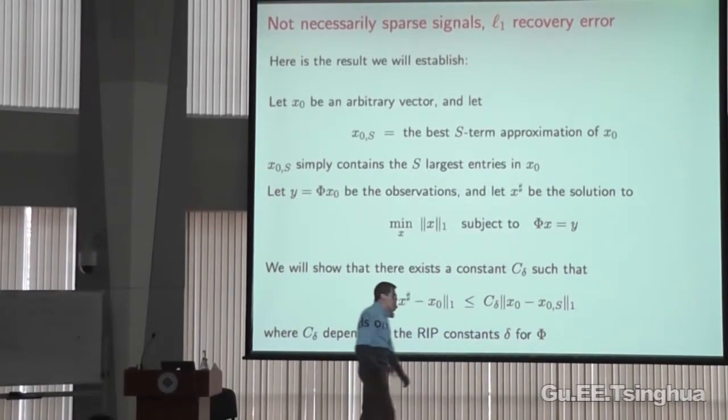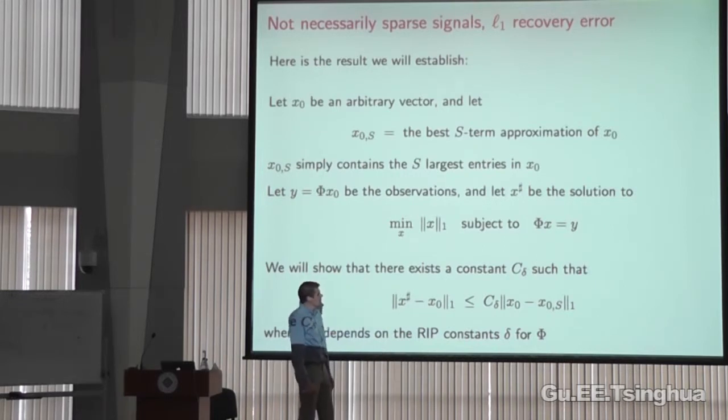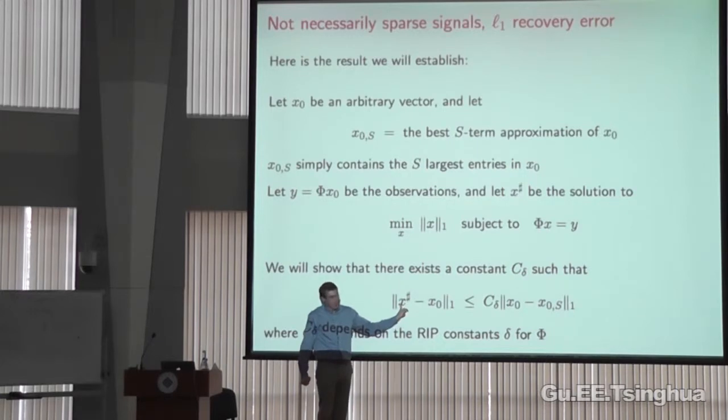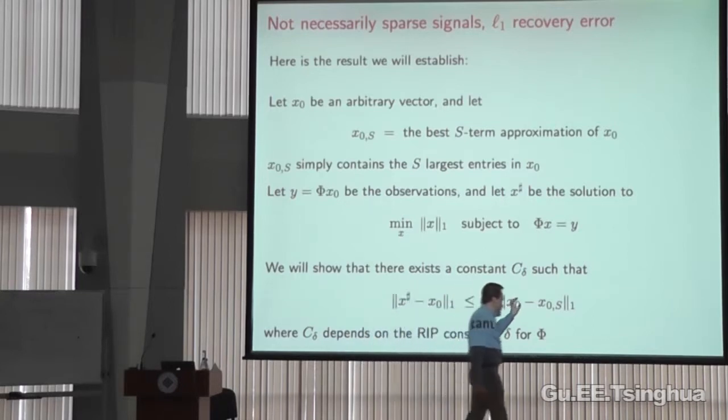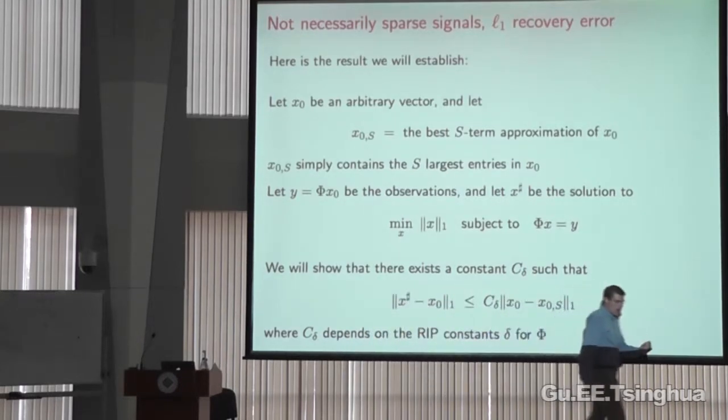But what we can say is something pretty nice. At the end of the day, the thing we get out is not exactly x naught, but I can talk about it being almost as good as the best S-term approximation. So in some sense, I have exactly the same set of conditions.